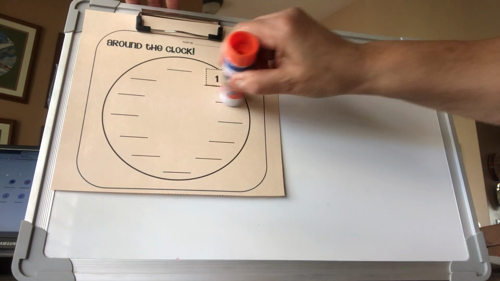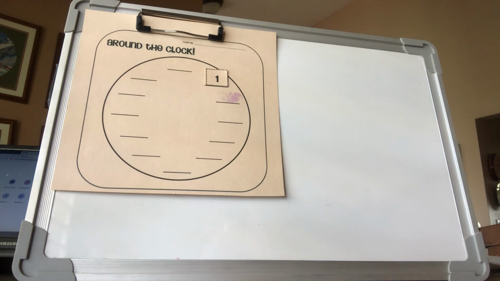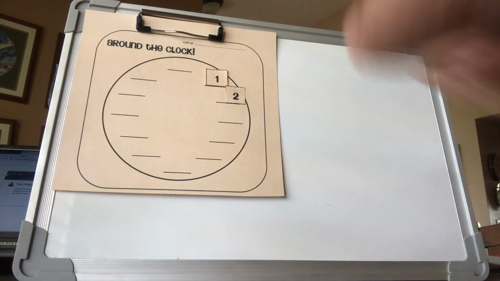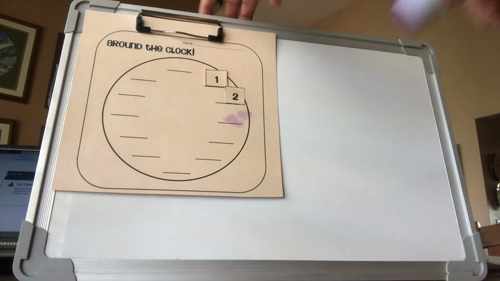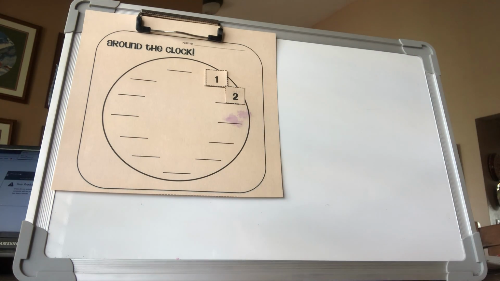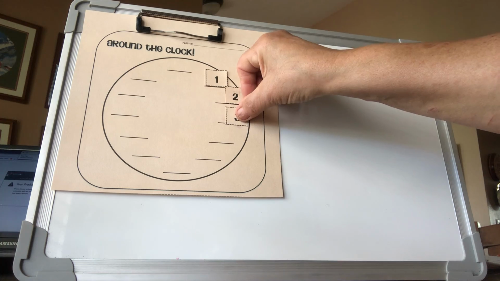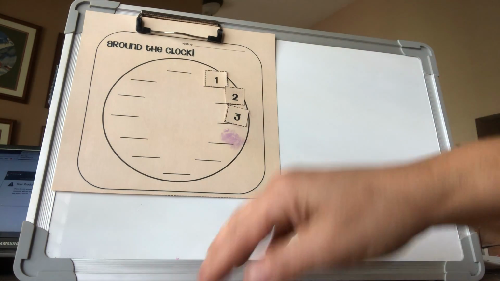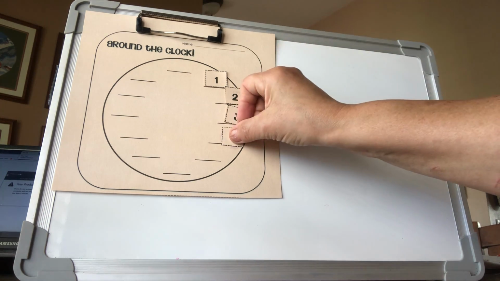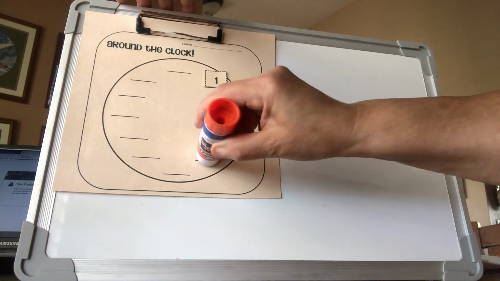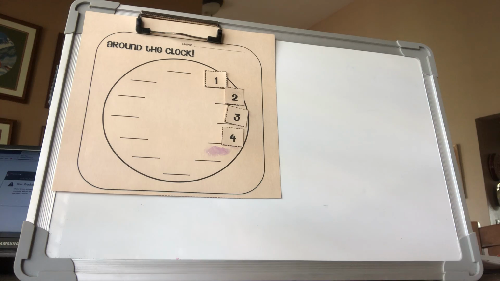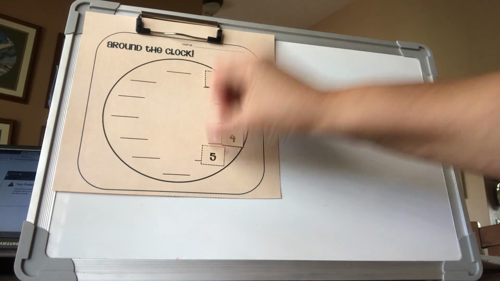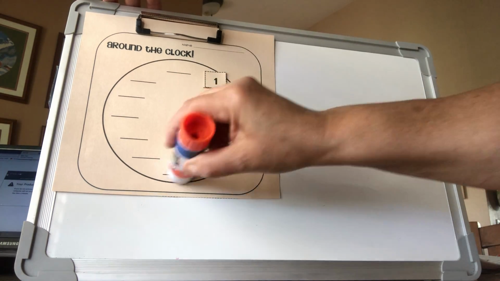Next comes number 2. Then is number 3. And that is how you make your own clock. Number 4. Number 5 is next. Number 6.